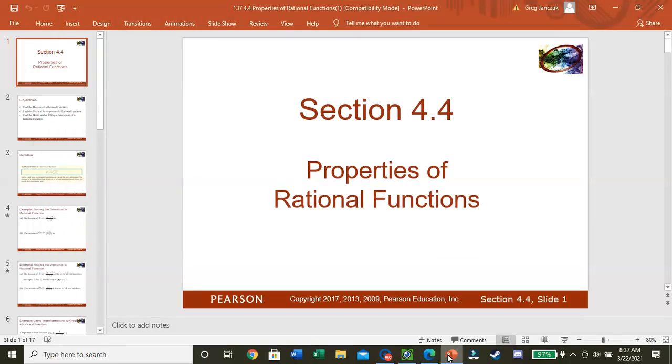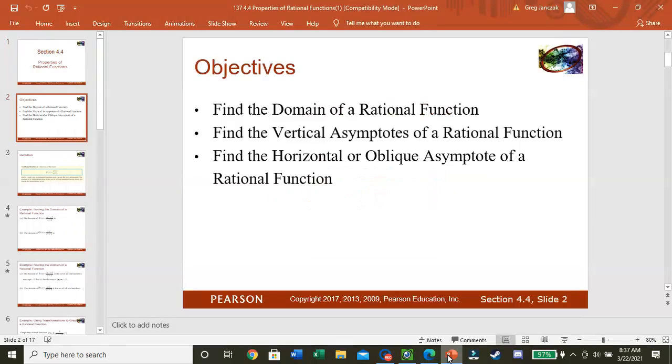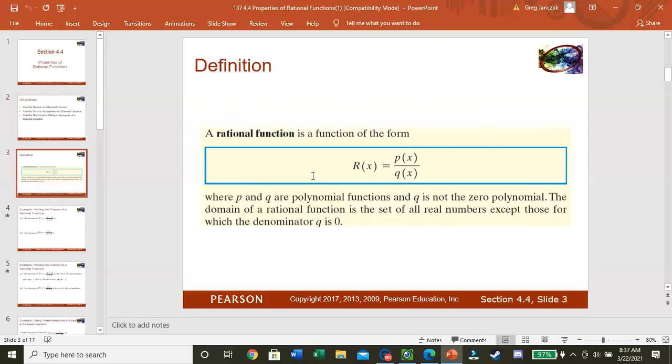Okay. So, properties of rational functions. We're going to work on the domain of a rational function, and find the asymptotes, the vertical asymptote and the horizontal asymptote, also known as oblique. Okay, so here we go.